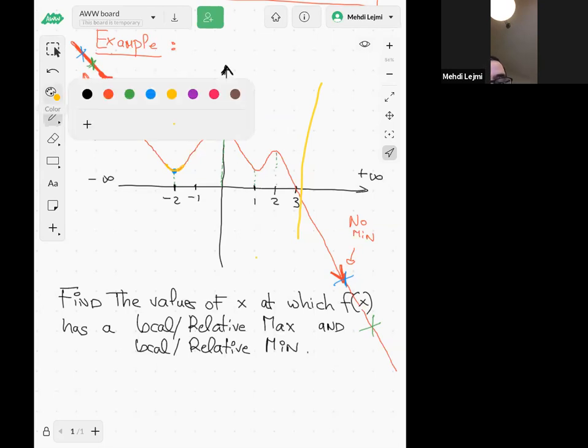Because if you take any other point in this yellow neighborhood, the blue one would be the lowest one. So that would be a local or relative minimum. Because the blue point is the lowest point in this small yellow neighborhood. So x equal to -2 would be a local or relative minimum.